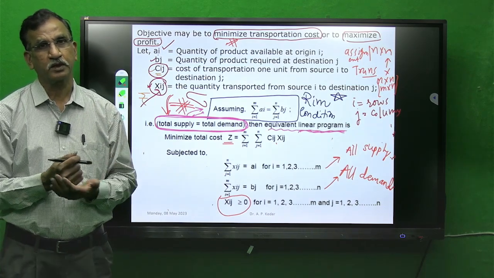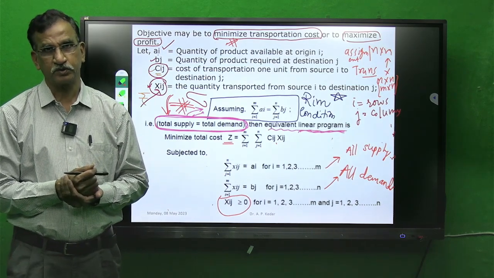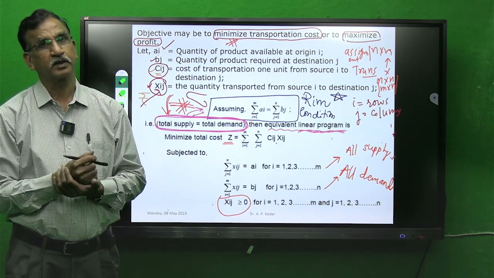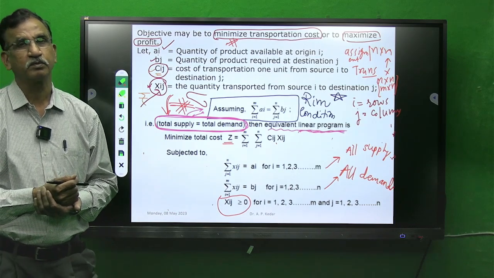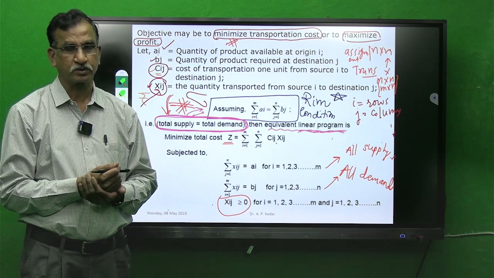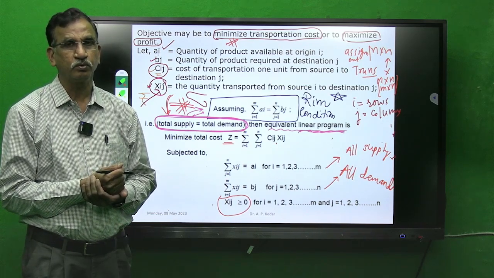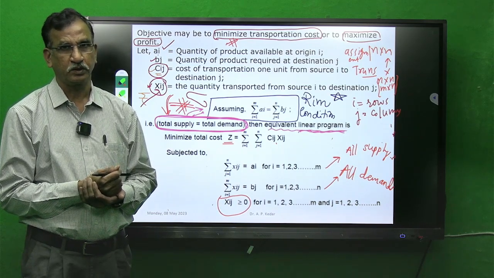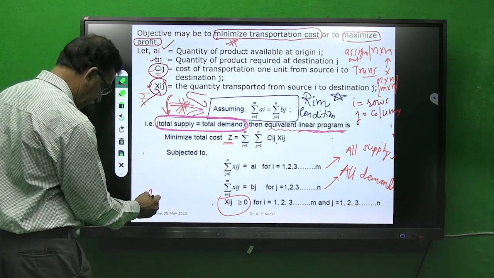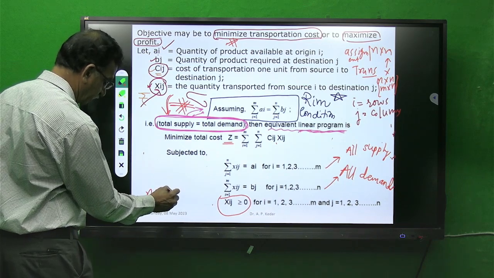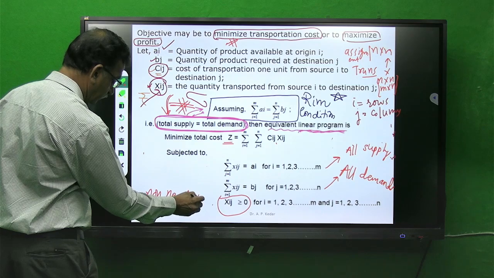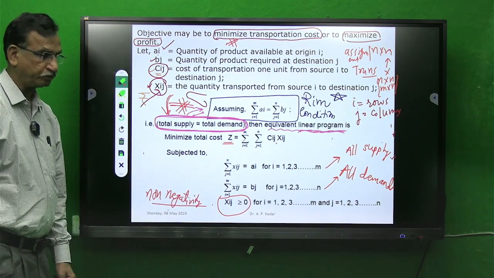If you are not transferring anything, Xij will be 0. If you are transferring something, it will be greater than 0. But it is never possible that you are transferring -10, -5, -2 products from a city to a destination city, and therefore this non-negativity condition is very, very important.